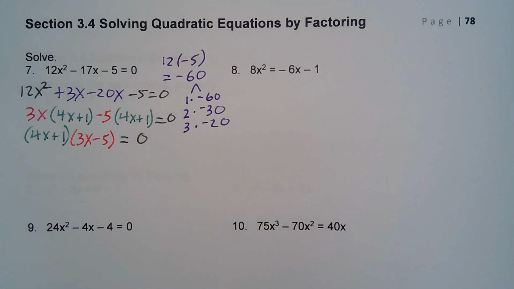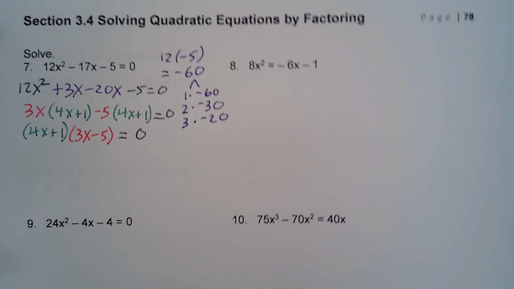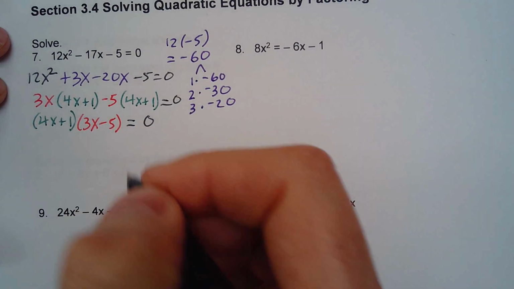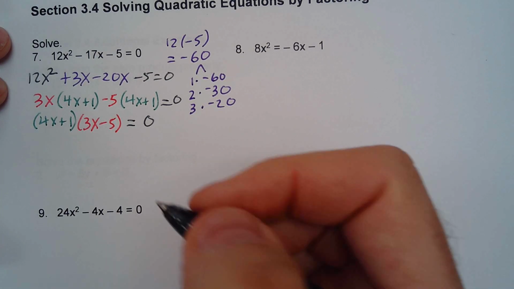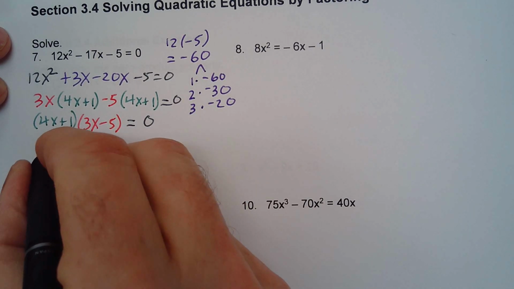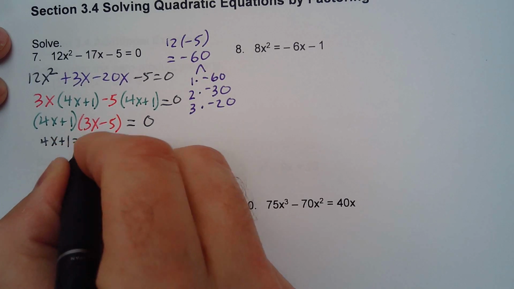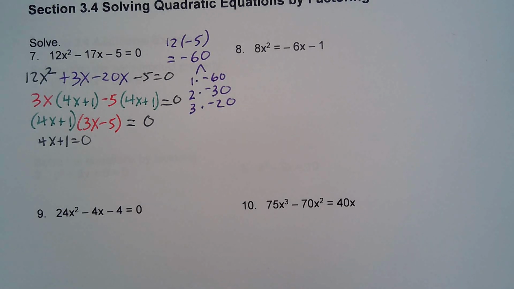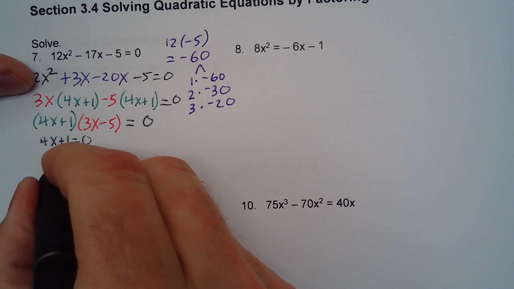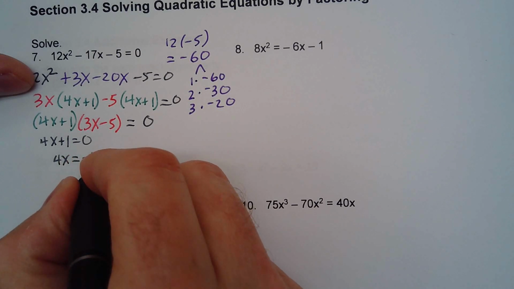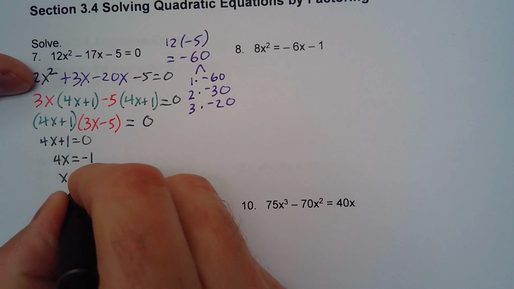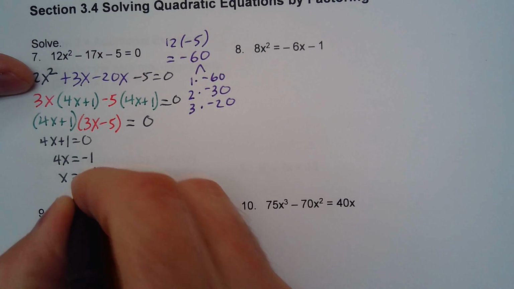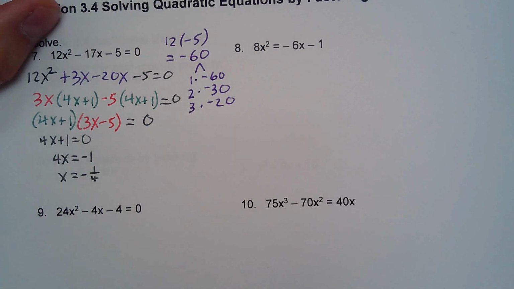Now remember, we're not finished. We're trying to solve these, so make sure you then go through and set each of these factors equal to 0 and solve. So if I set the 4x plus 1 equal to 0, I would subtract 1 from both sides and then divide by 4. So one of my answers is negative 1/4.